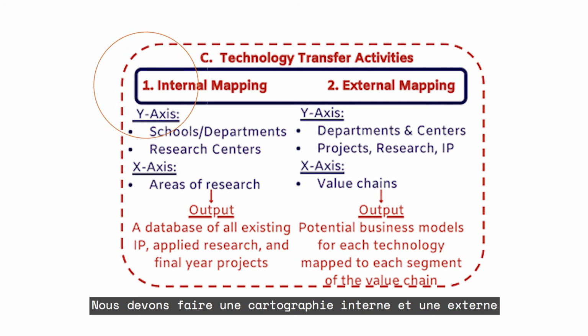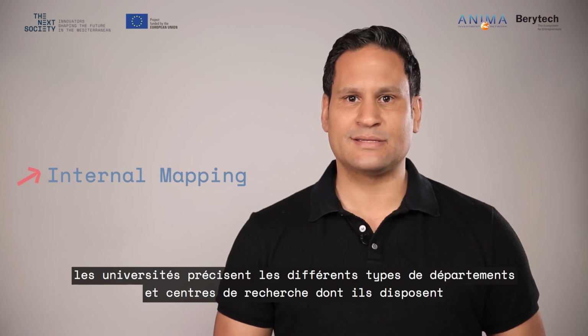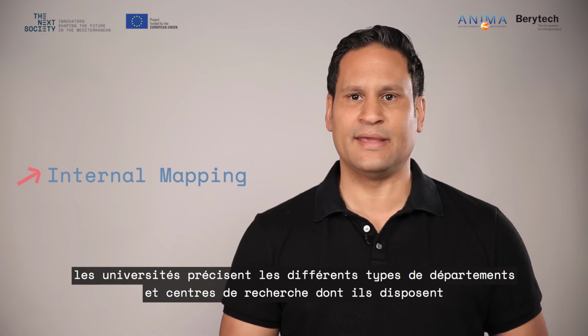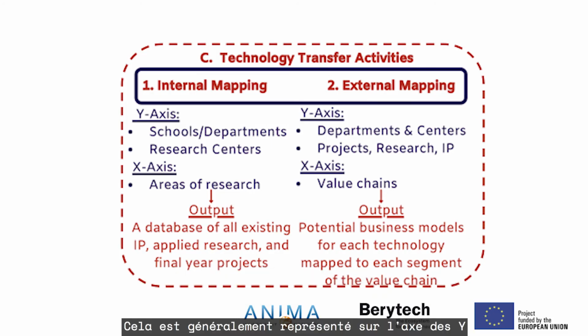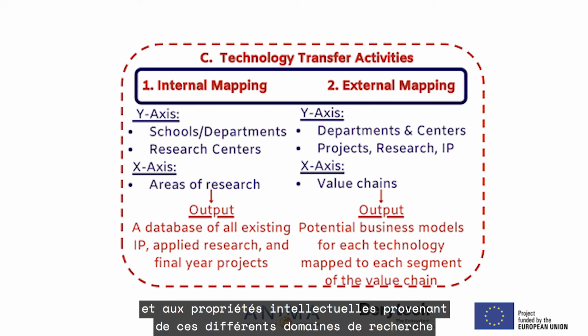We need to do an internal mapping and we need to do an external mapping. For the internal mapping, universities identify the different departments and research centers that they have, and they typically put that on the y-axis, and then they match them with the technologies, projects, and intellectual properties that come from these different research areas.